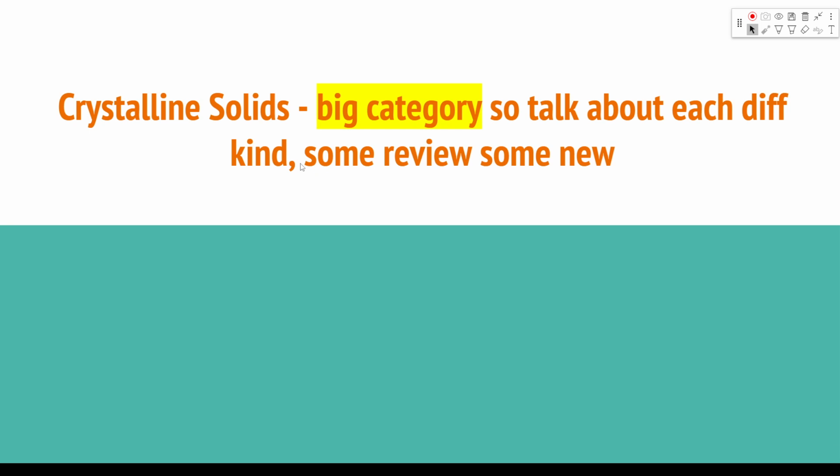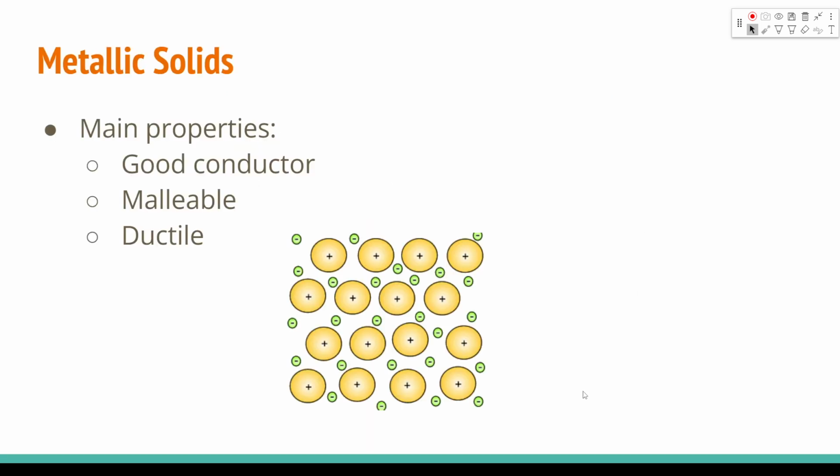So crystalline solids, some of this is review, some of this is new. We talked about metallic solids already. This is a recap. They're good conductors, they're malleable, they're ductile. Remember that metals are positive, and so there's repulsion between the metal atoms, or metal ions in this case, and so that's why they're malleable and ductile, because it's very easy to bend them versus other stuff.